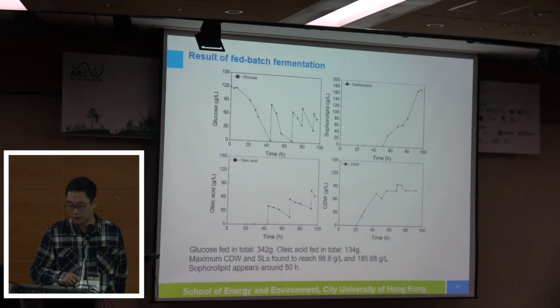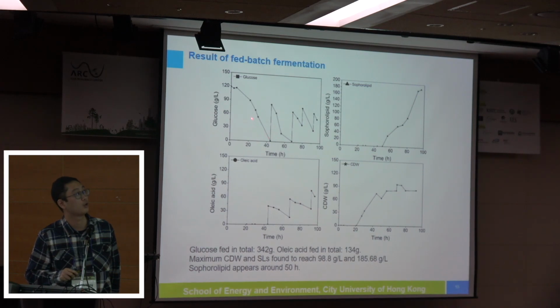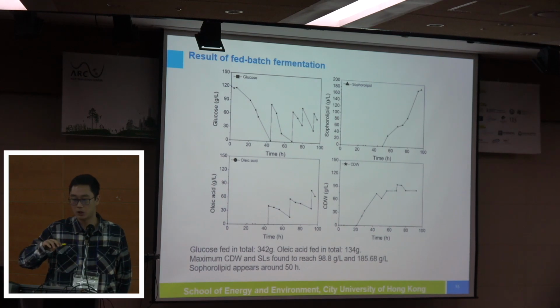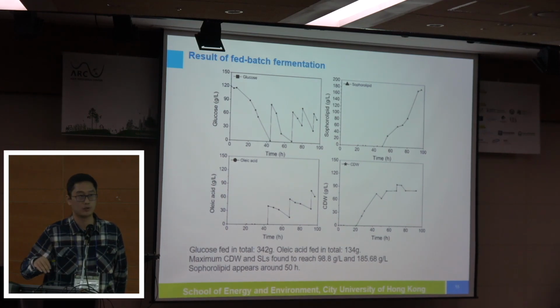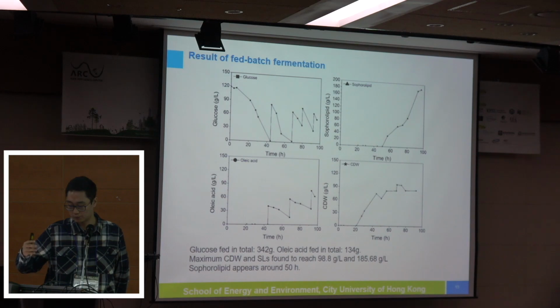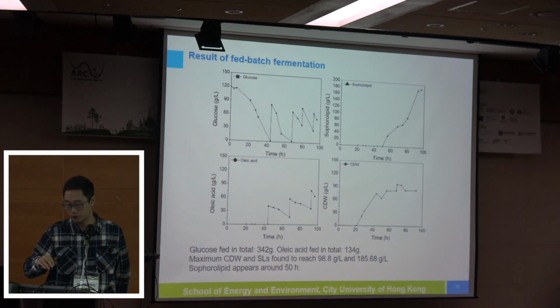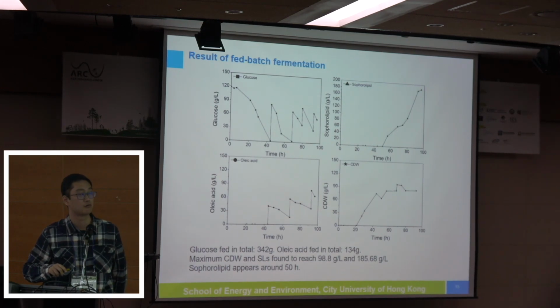After that, we conducted fed-batch fermentation. We control the glucose, and when it's almost used up, we feed new fresh glucose, and this time we also feed oleic acid. Oleic acid is the building block for the sophorolipid, our product. By providing this directly, it will increase productivity, because if you don't provide it, the microbe needs to synthesize it itself from the glucose.